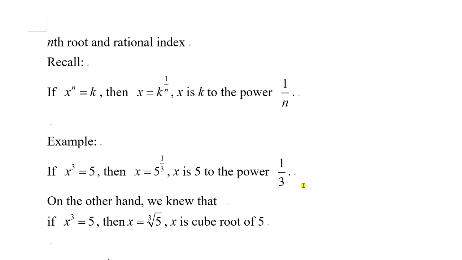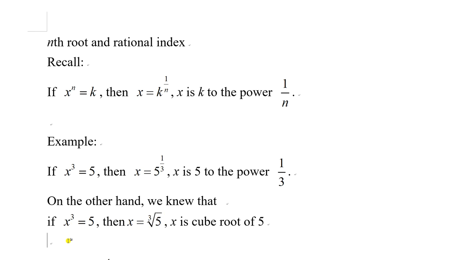But if we consider the value of x from the perspective of root, we can write it in that way also. If x to the power 3 equals 5, then x can be written as 5 and take the cube root.